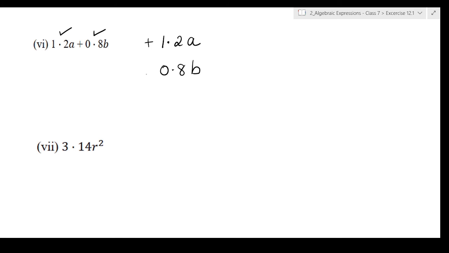If you want, you can put the signs. Only when it is plus, even if you don't put the sign, it's okay, because if you don't have a sign, it represents plus. But when there is a minus sign, please don't forget to write the sign. That is why always make a habit of writing the sign, so that by default you know you have to put the signs. So what is the numerical coefficient over here? Plus 1.2. What is the numerical coefficient for the second term? Plus 0.8.